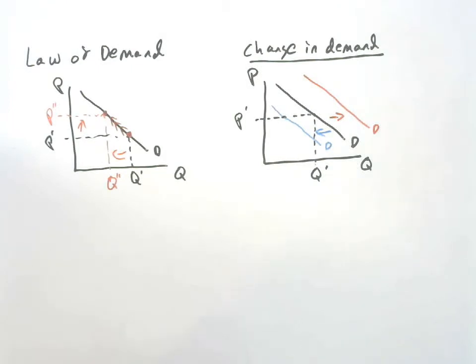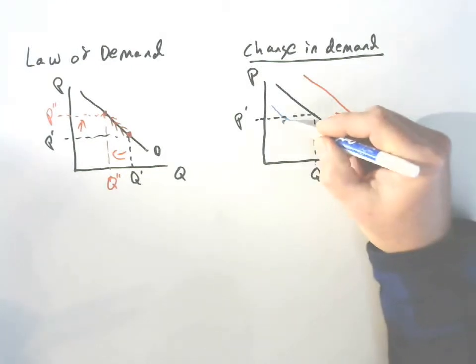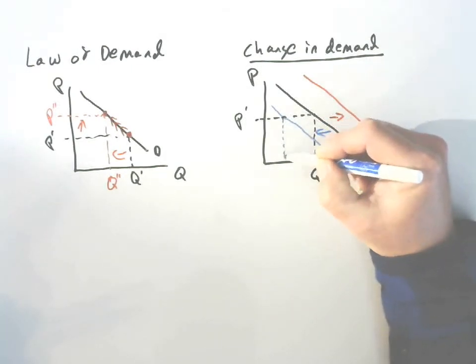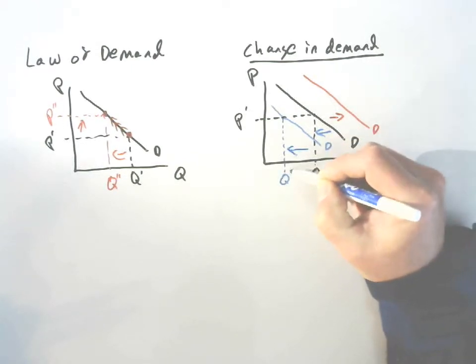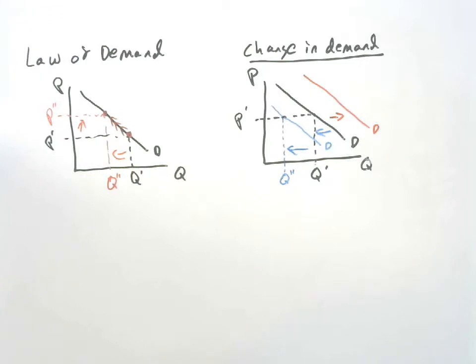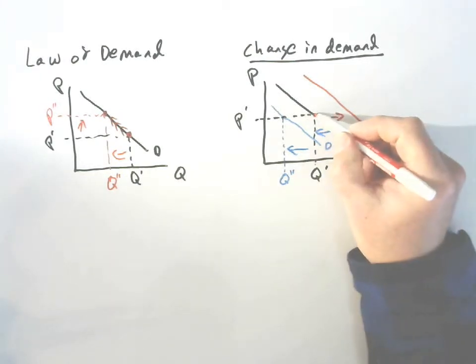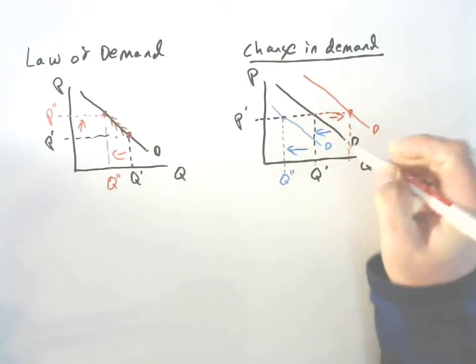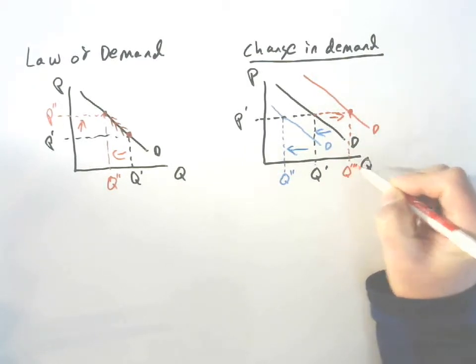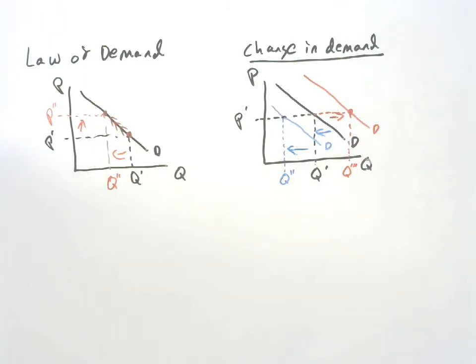A fall in demand says that at that same price level, there would be less of the product desired, say Q double prime worth of the product. An increase in demand, on the other hand, would say at that price level, more of the product would be desired, say Q triple prime worth of the product.